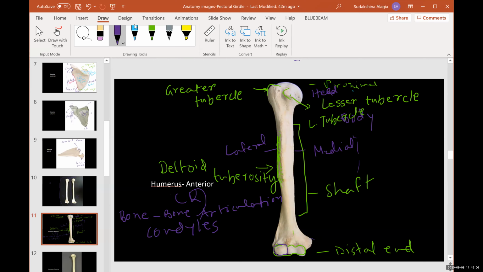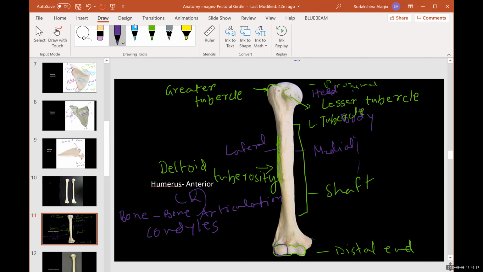condyles. So the rule of thumb that applies to all long bones is that on the distal end you will have condyles, on the proximal end you will have head. So this is how it will be for radius. Ulna is slightly different. Head of the radius will be its proximal end, head of the femur will be its proximal end, head of the tibia, head of the fibula, all going to be the proximal ends.